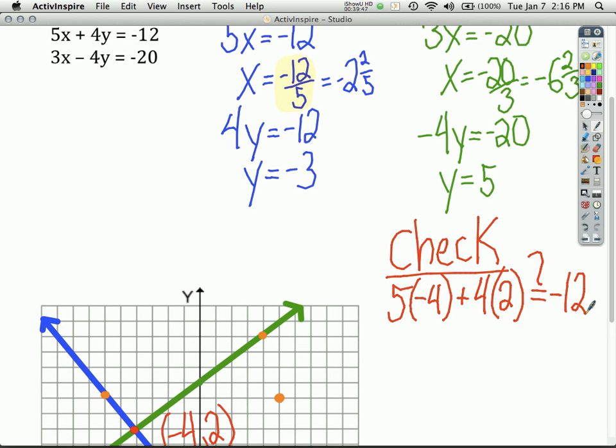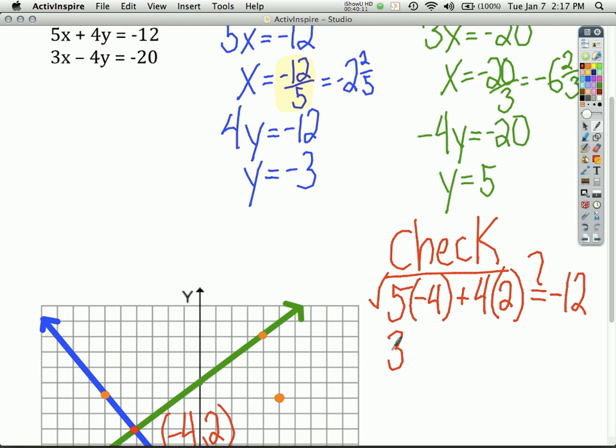Do some mental math. Does it work for this one? Galatian? You sure? Edgar, you think it works? Yeah, it does. That's a negative 20. That's a positive 8. Negative 20 and 8 is negative 12. So it works for the first equation, but now we need to make sure it works for the second one.